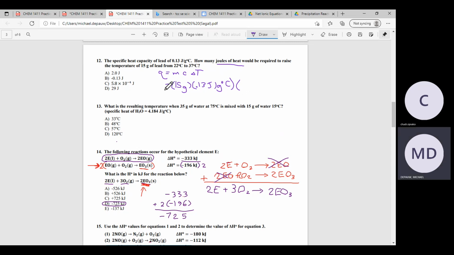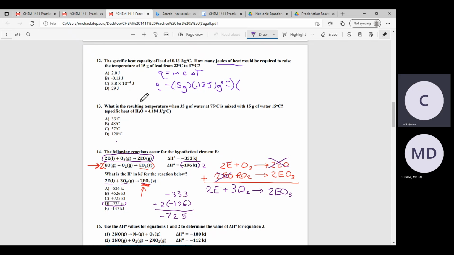Now, let me ask you a question. Can Q be negative? Yes, it definitely can. Q can be negative because Q represents what? Heat. It represents the energy transfer of a particular process in terms of heat.